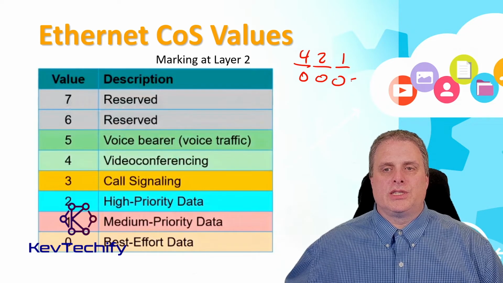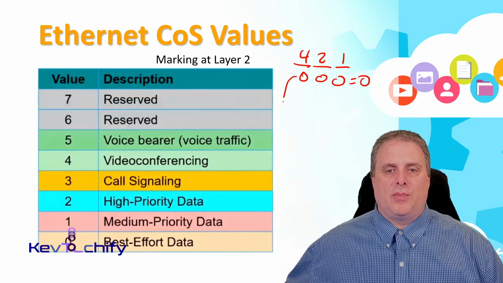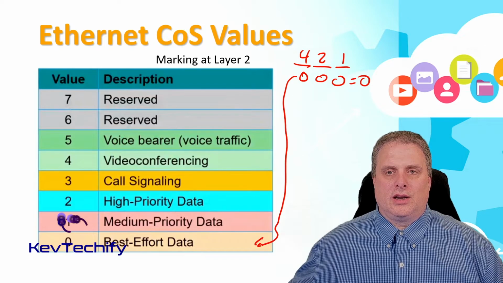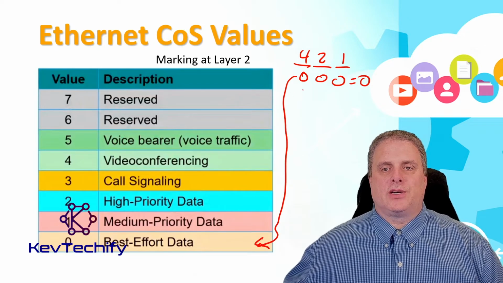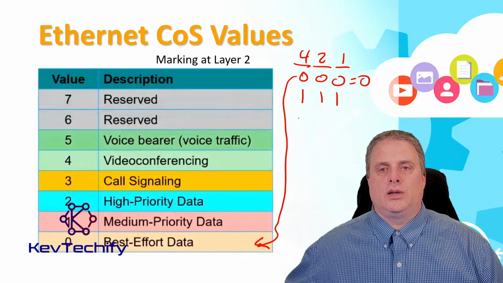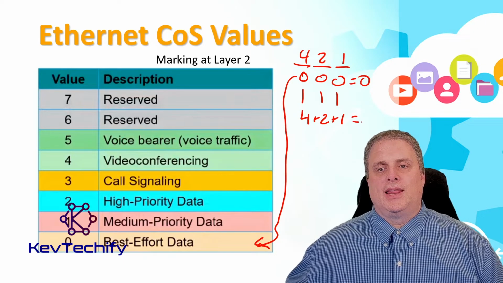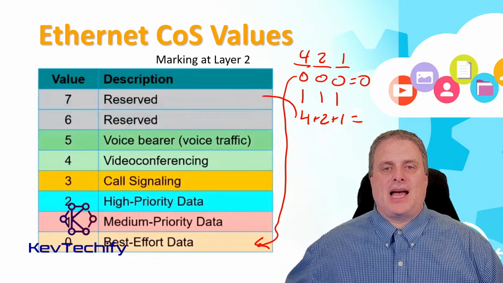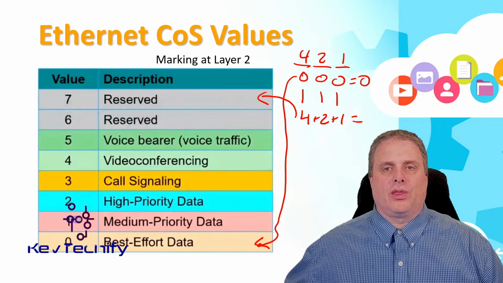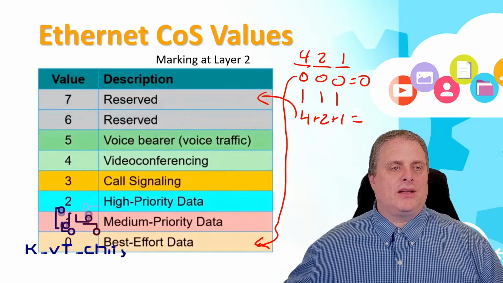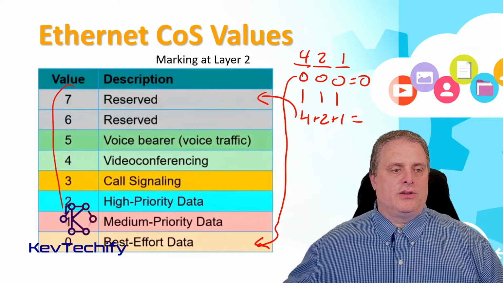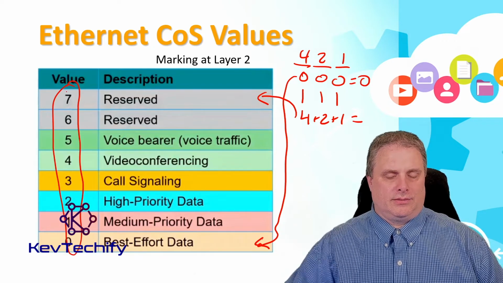So all zeros is equal to 0. That is our best effort traffic. If we go to the maximum, where we have 1, 1, 1, so we have 4 plus 2 plus 1, that equals 7. That is our top value. That's where we get the 3 bits and the 8 values, the 8 values over here, 0 to 7.